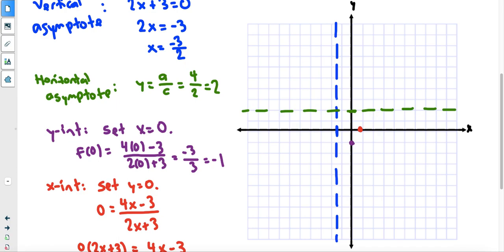Now I can draw a curve connecting my points together. And I know as my graph goes further and further to the right, my curve needs to approach my horizontal asymptote.